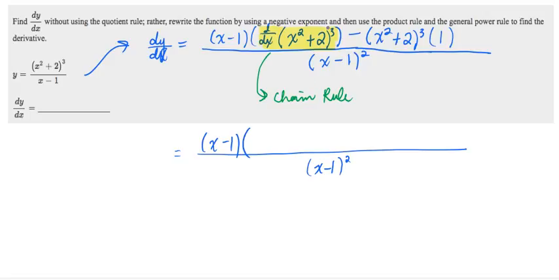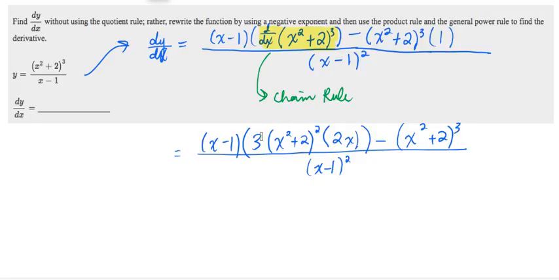Chain rule says you differentiate the outside function around the inside function, so we'll bring the 3 down, times (x squared plus 2) to the power of 2. We reduce the power by 1 by the power rule. Then times the derivative of this inside function, which is 2x plus 0, minus (x squared plus 2) all cubed.